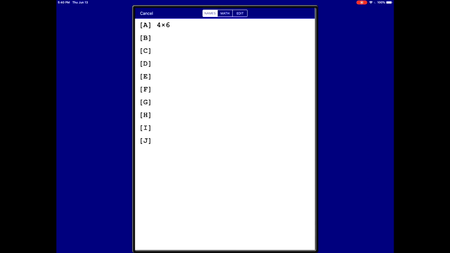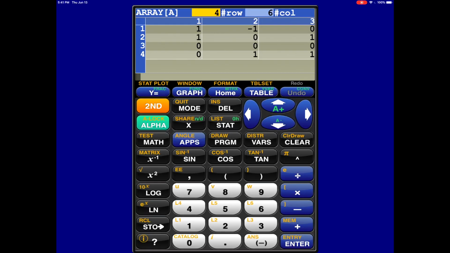So second x inverse, and I want to edit matrix A. I have a 3x3 matrix, and when I enter in the numbers, I'll have 1, 2, -4, 2, -1, -3, and then -2, 1, and 3.